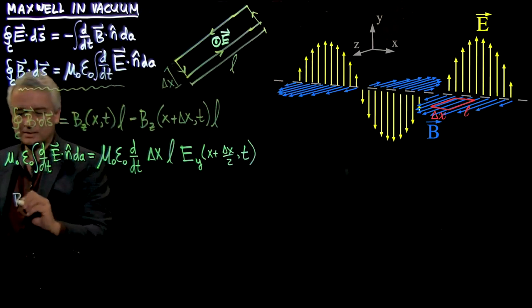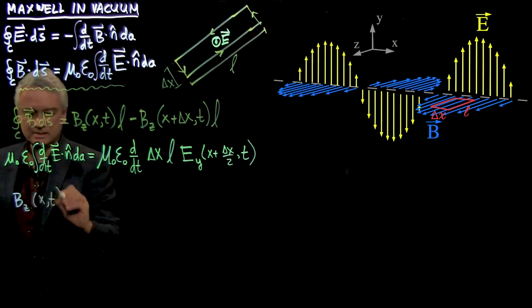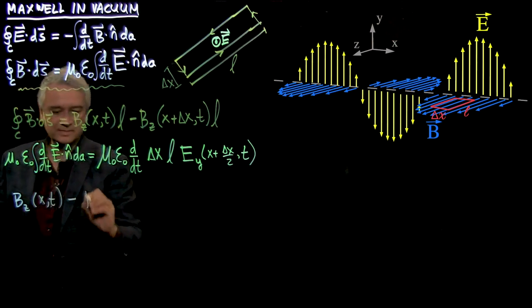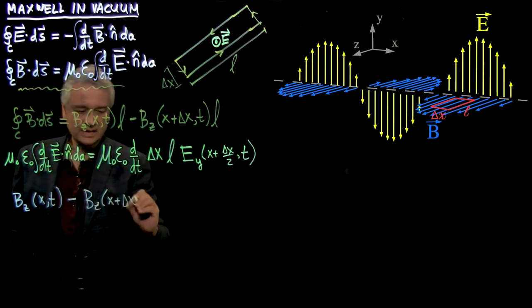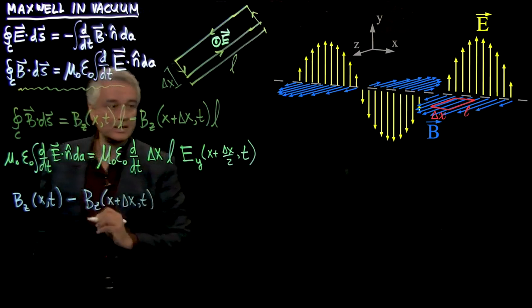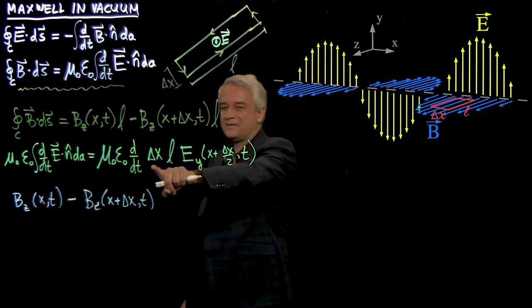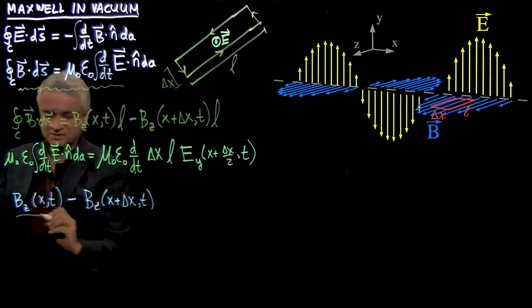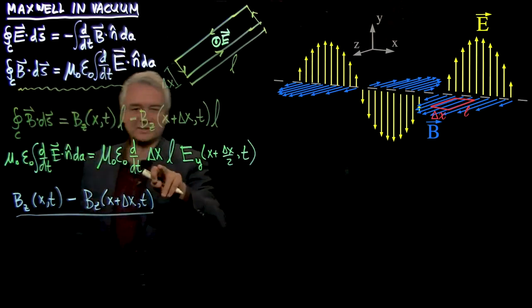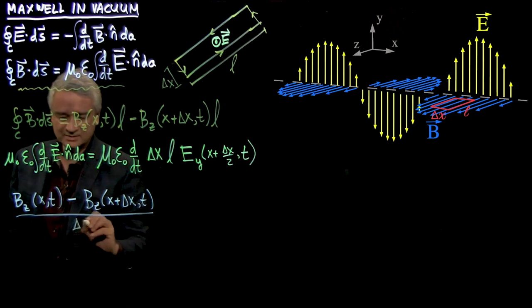I have Bz at x and t minus Bz a little bit over at x plus delta x and time t. The L's have canceled. Then I say, aha, there's a delta x here. Because I like the idea of this turning into a derivative, instead of putting the delta x on the right-hand side upstairs, I'm going to put the delta x on the left-hand side downstairs.